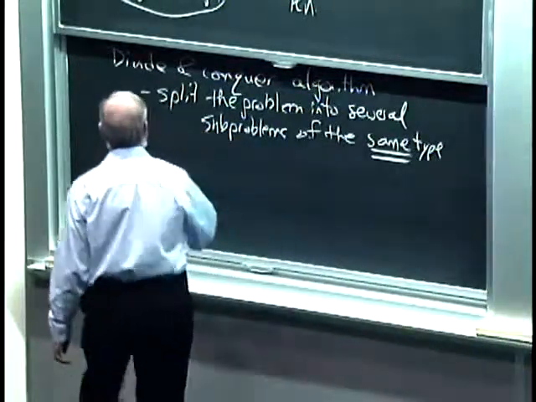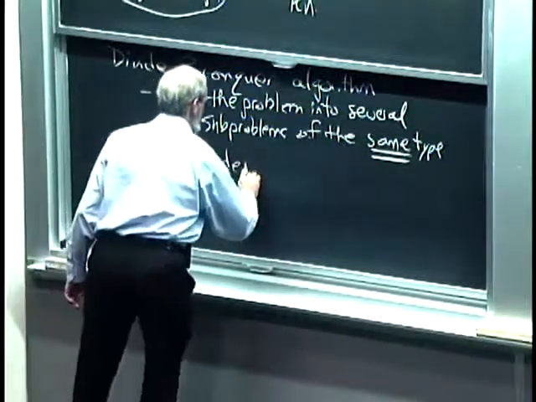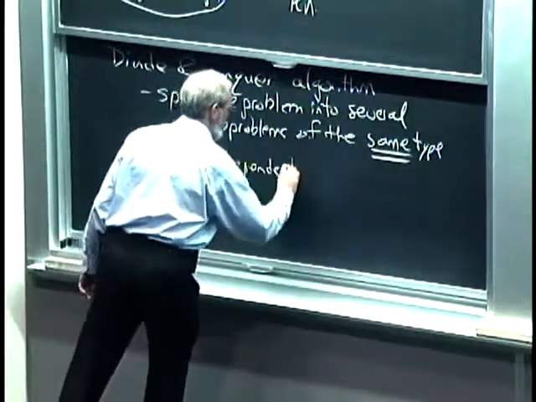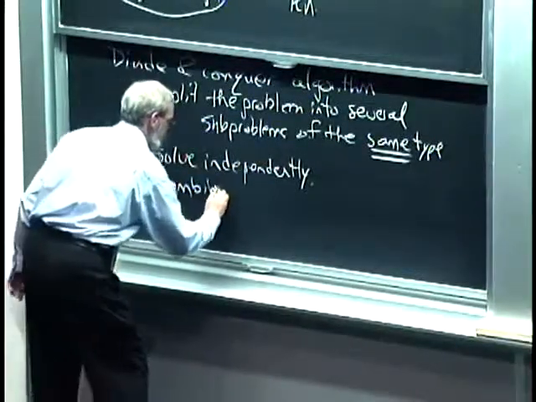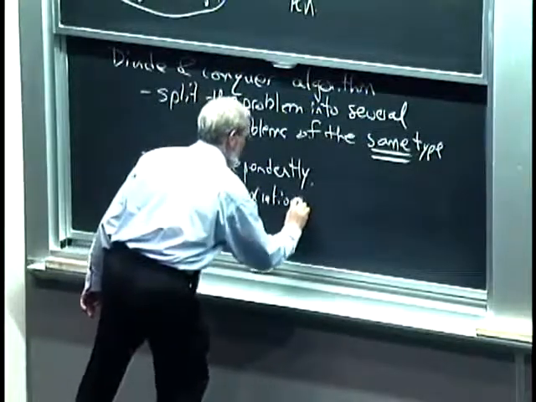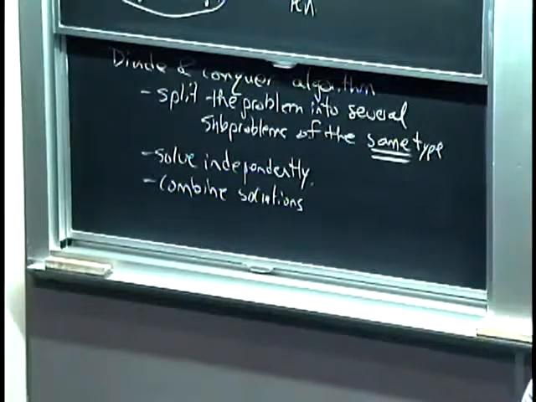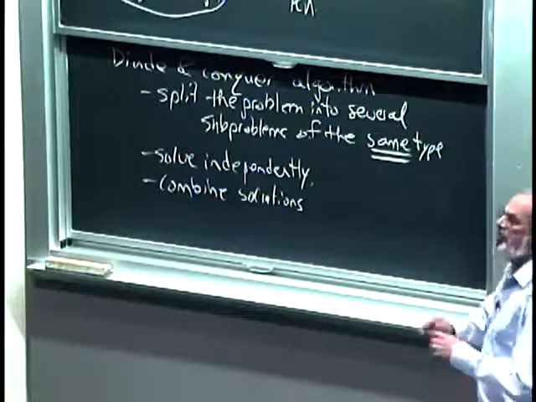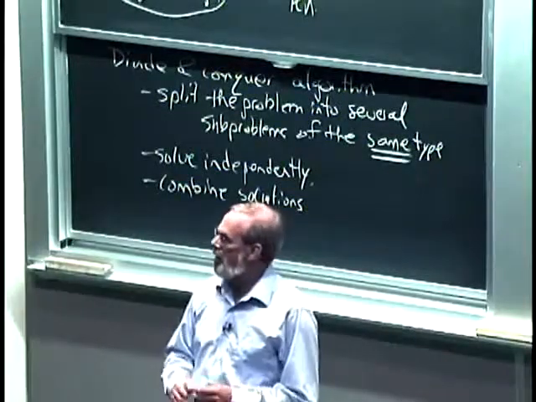For each of those subproblems, we're going to solve them independently. And then we're going to combine those solutions. And it's called divide and conquer for the obvious reason. I'm going to divide it up into subproblems with the hope that those subproblems get easier. It's going to be easier to conquer, if you like, and then I'm going to merge them back.